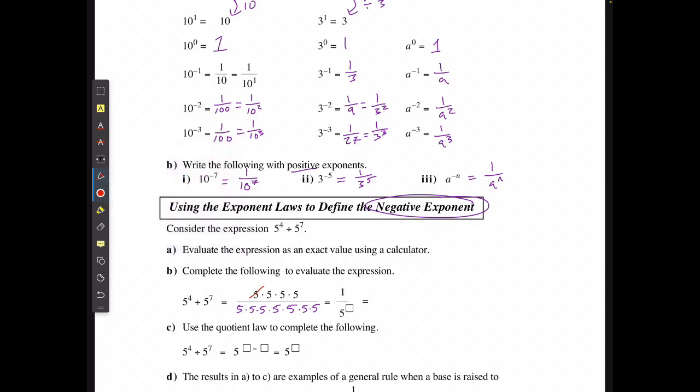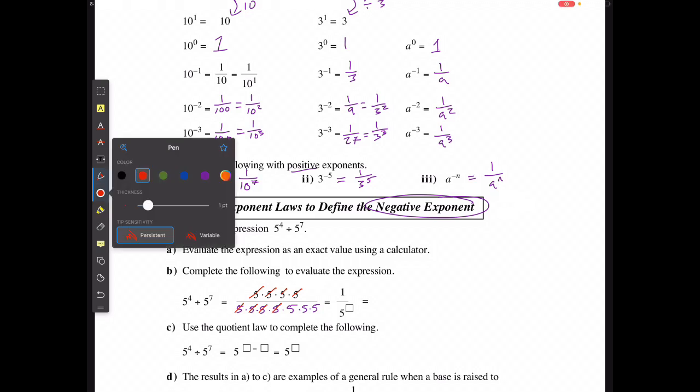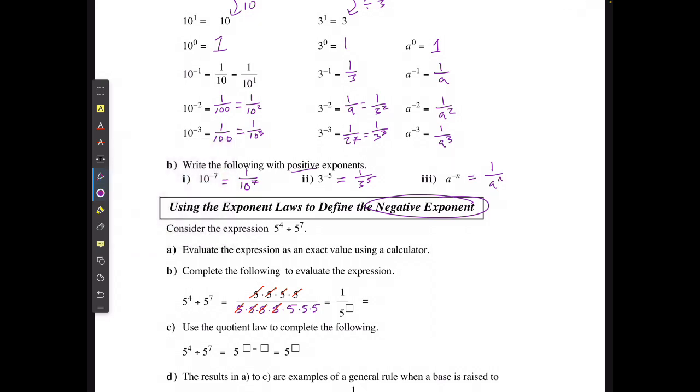Then I'm going to cancel out the common factors on the top and the bottom, and I'm left with no 5s on the top, but I have 3 5s on the bottom. I can say that, well, if I divide everything out of the top, it's just going to become 1. And I'm going to have 5 to the power of 3 on the bottom, which means that I'm going to be left with 1 over 5 to the power of 3, which is 1 over 125.